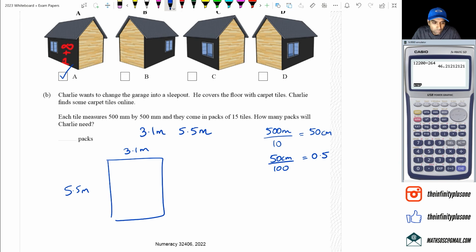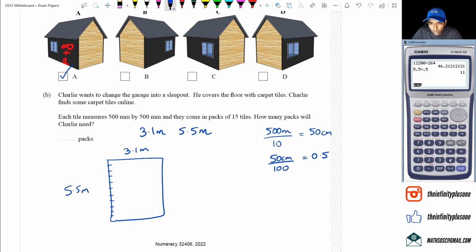What do I mean by that? Well, I've got 0.5. So if I go 5.5 divided by 0.5, I get 11. So that means I can put in 2, 3, 4, 5, 6, 7, 8, 9, 10, 11. So I can put 11 tiles there.